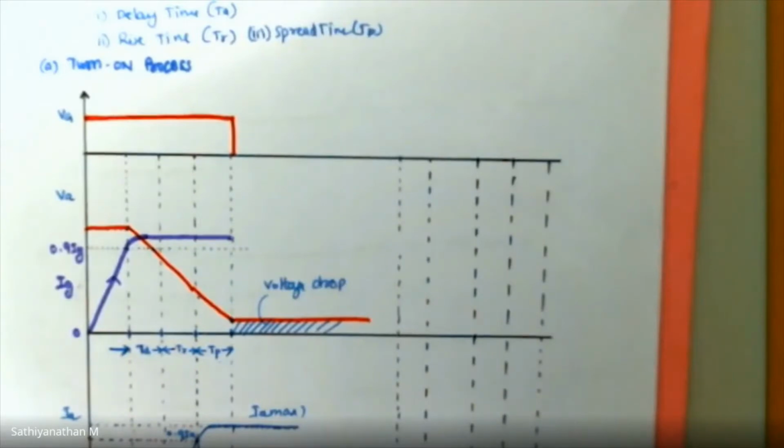If you reverse the supply polarity, again the electron-hole recombination occurs, and finally the device comes to off. During this transition, the device is already in conduction, in turn on mode. Now you have to turn it off by reversing the polarity or by using an external circuit, a commutation circuit.